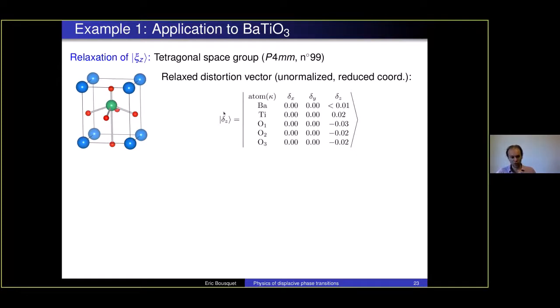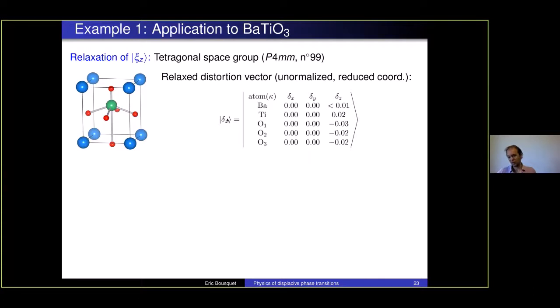The final distortion means DFT is going to minimize the forces. It means we are going to find some atomic positions for the oxygen, the barium, and the titanium. And then we can see how much the crystal has been distorted with respect to the cubic phase. From the cubic phase, how much the atoms have displaced is what I'm showing you here.